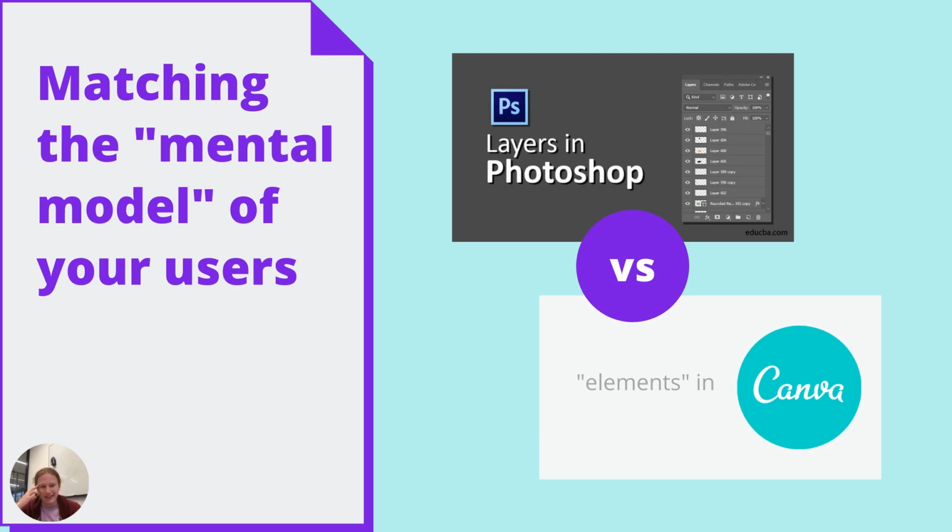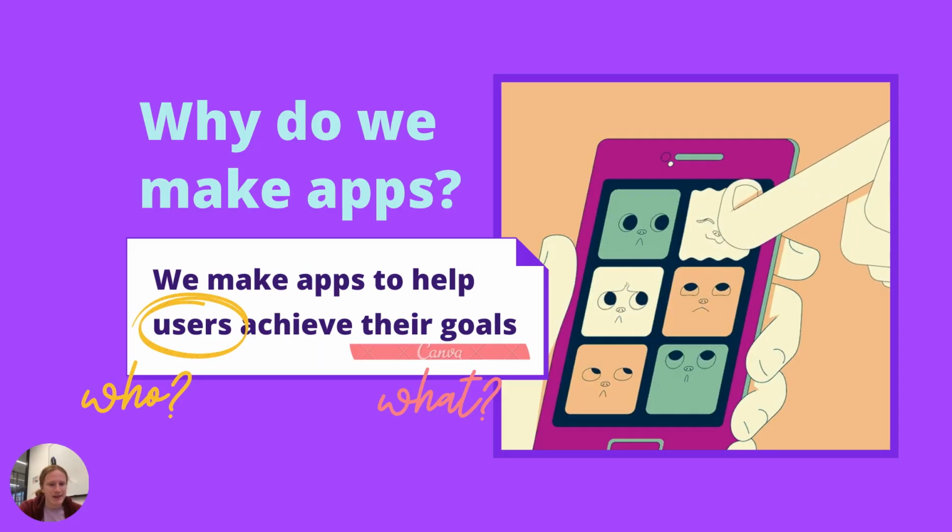So it's about not thinking in technical terms, with layers or the possibility of having files in multiple folders. That's a technical thing. You've got to throw that out the window, and where possible, and where it doesn't distract from actually finishing the user's task, you want to match how they're thinking, which is that a file can only be in one folder, which is all good, or that there are elements, not layers, whatever. So that's about the who.